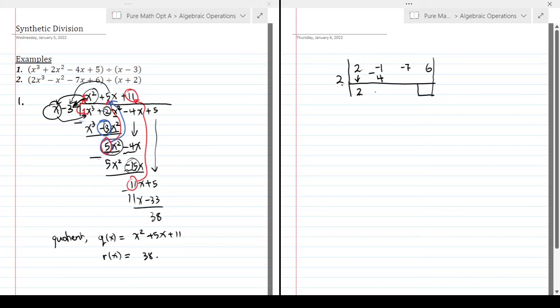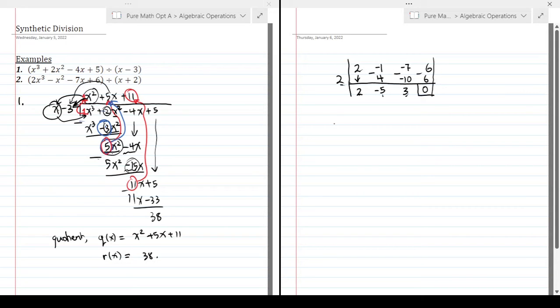So -1 take away 4 is -5. Multiplication step follows again. 2 by -5 is -10, and I do subtraction. -7 take away -10 is 3. 2 by 3 is 6. 6 take away 6 is 0.